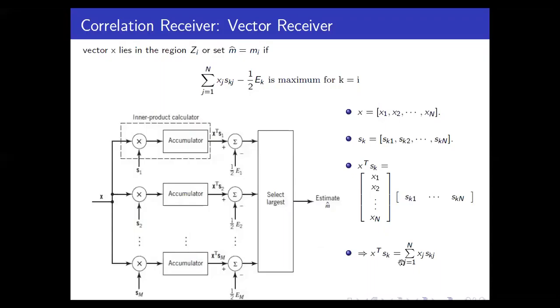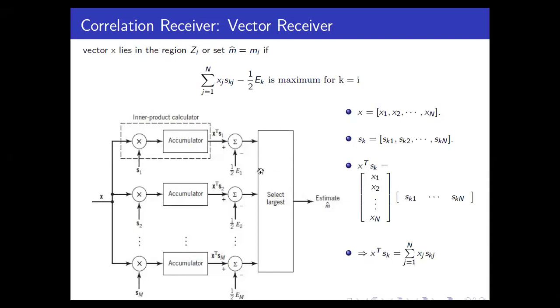Okay, now we were here. So this particular block, the inner product calculator, is going to compute this. That would be observed over here, and that component would be subtracted from the particular signal energy. All that would be stored in this block, and in this block the largest would be selected.